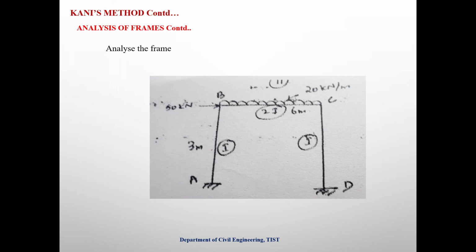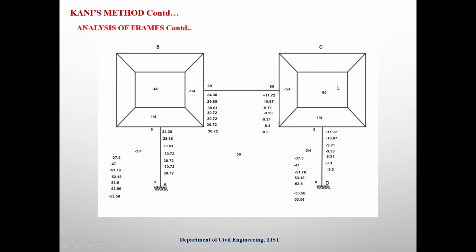In this problem, the only difference is that we have to consider the story moment also. In this case, the story moment is 50. So when you consider the displacement contribution, you have to consider the story moment also. That means in the first step itself, minus 3 by 4 into the rotation contribution, which at the beginning is 0, plus the story moment.